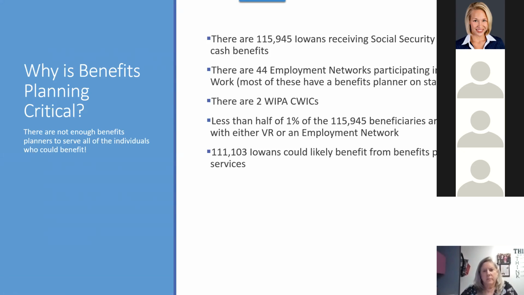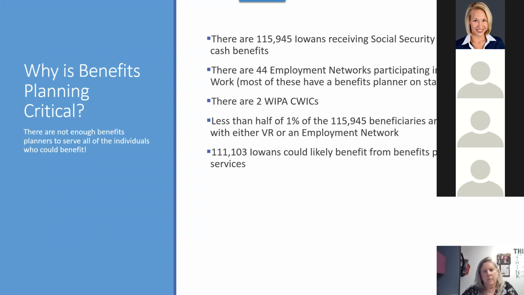There are 2 WIPA CWICs. CWICs are the Certified Work Incentive Coordinators under that grant, which isn't a whole lot when you're considering that there's 115,945 people on benefits. Less than half of 1% of those beneficiaries are working with either the vocational rehabilitation agency or an employment network.